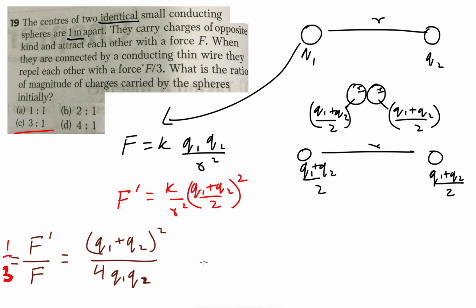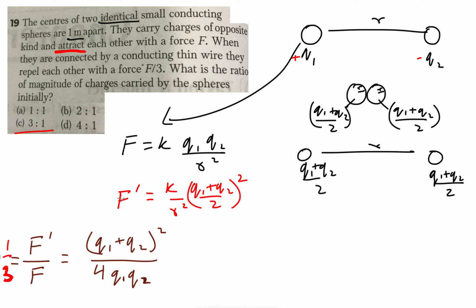What is unique in this question is that first they have written that the force F was attractive. They were attracting each other. That means if Q1 is positive, the other one is negative. That means you'll have a minus over here.